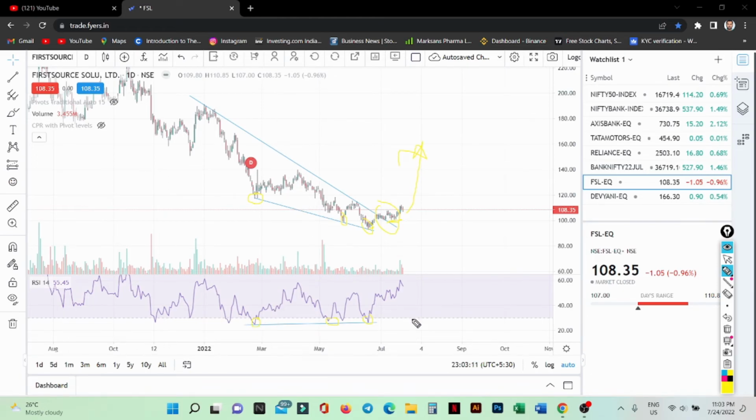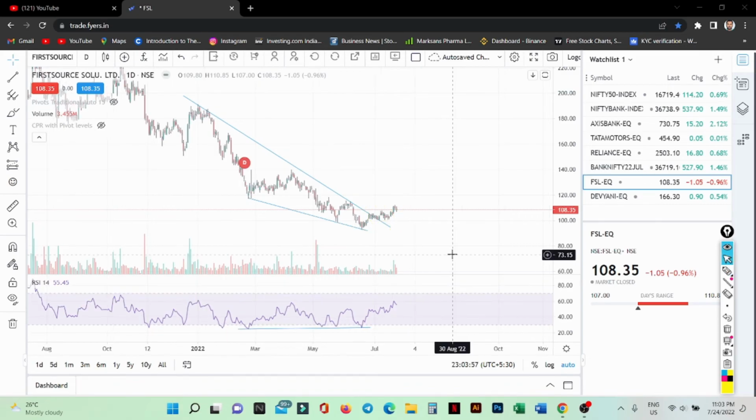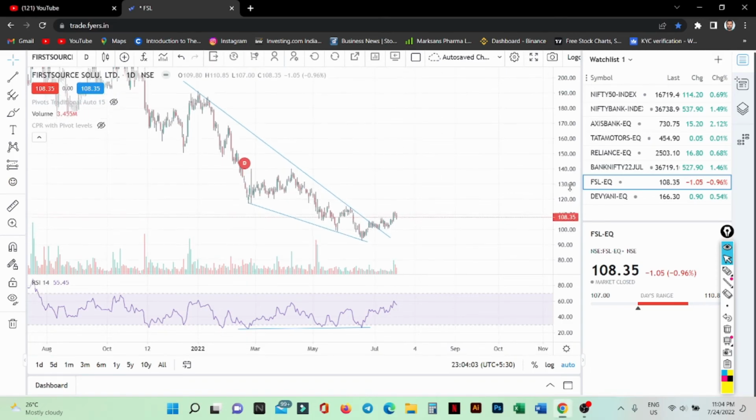So this is a confirmation that the stock is going to be bullish, or that a trend reversal is happening, and we can also see that happening as the stock is making higher highs. Use the RSI indicator, this is how divergences are used.